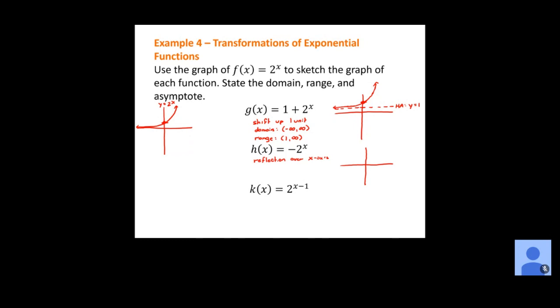If we reflect over the x-axis, what's going to change? So just take this original parent function over here and think about if we take that entire graph now and reflect it over the x, what would happen?